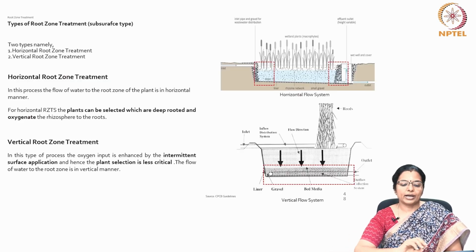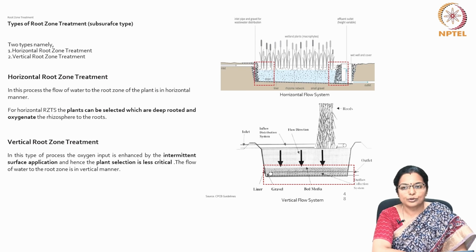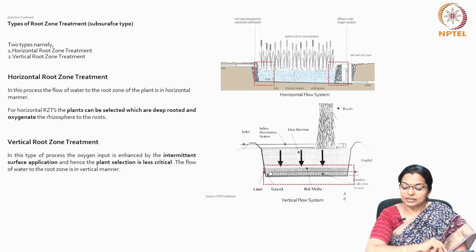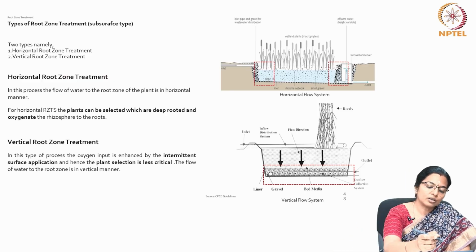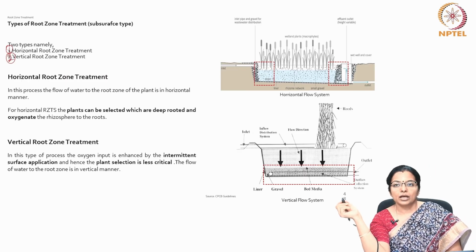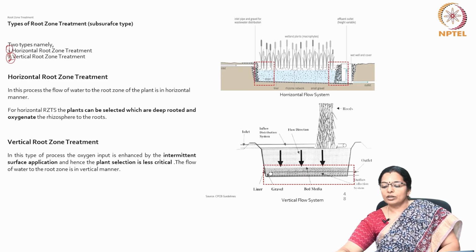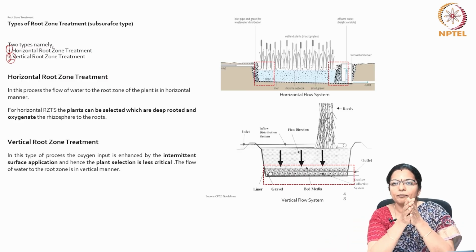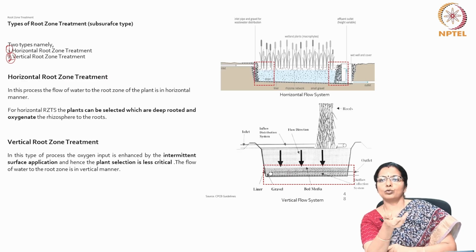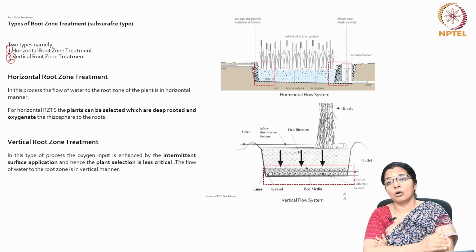Let us now look at the types of root zone treatment. So, there are two types. One is the horizontal root zone treatment and second is the vertical root zone treatment. In the horizontal root zone treatment, the flow of water to the root zone of the plants is in a horizontal manner.